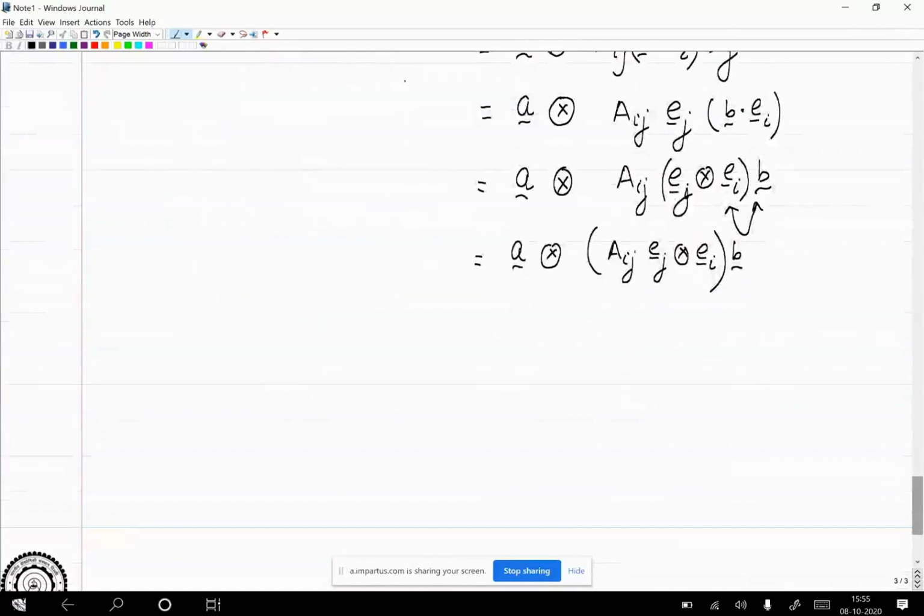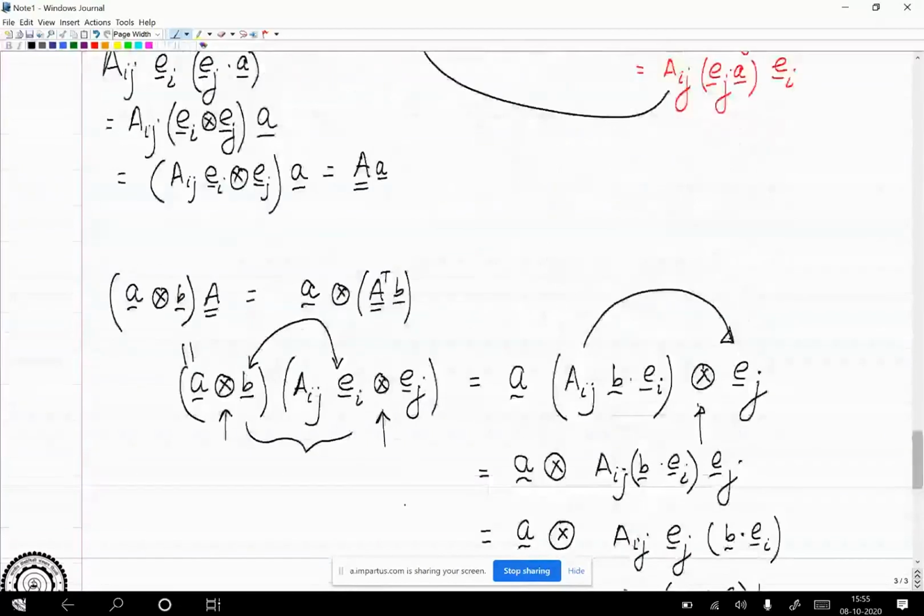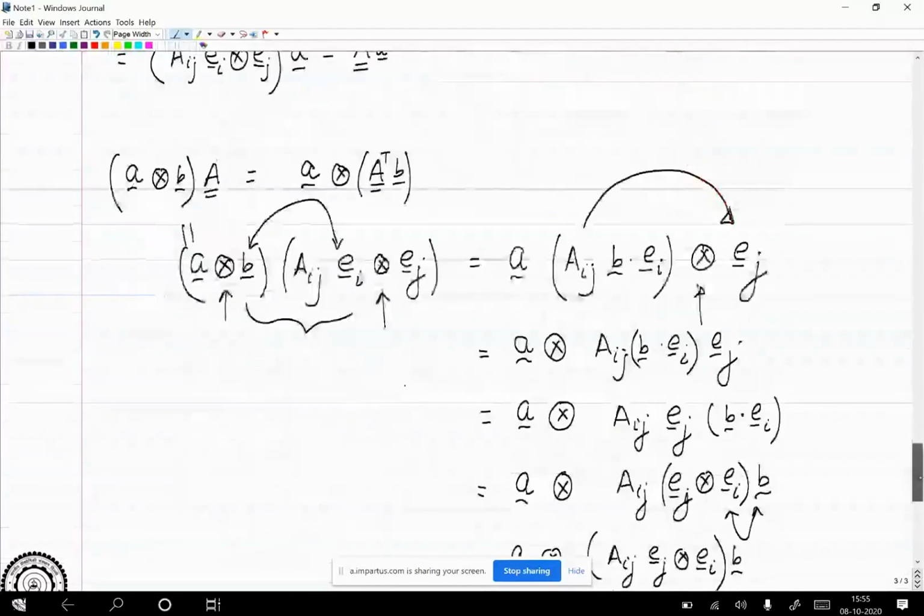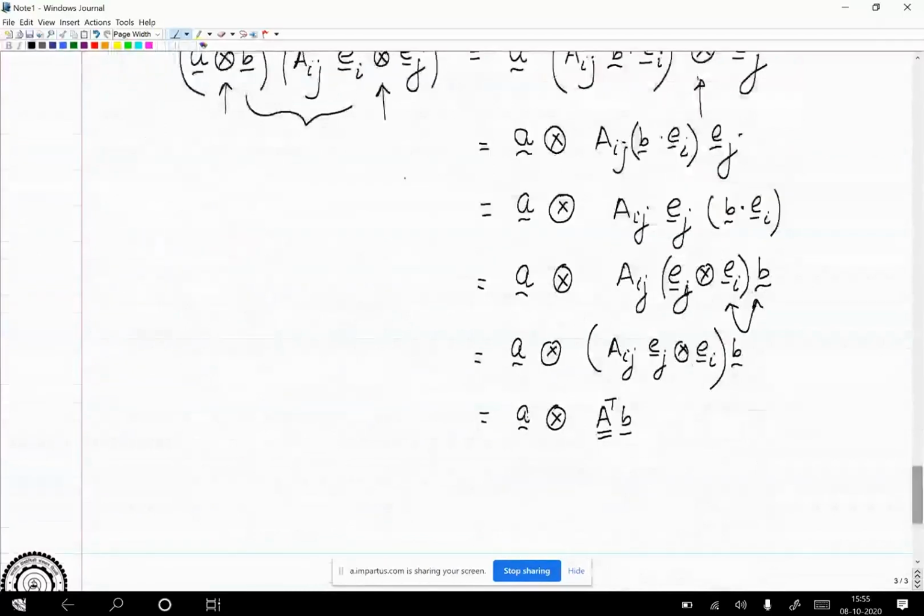Your tensor A was Aij Ei tensor product Ej, but what we have here is Aij Ej tensor product Ei. That has to be A transpose, isn't it? So what you get finally is A tensor product A transpose B. And this is what you had to prove. Okay, I hope you got it. Any question till now?